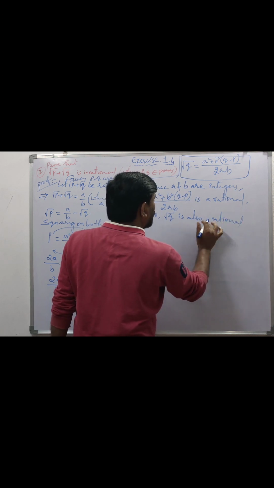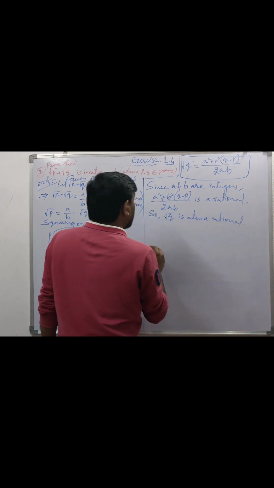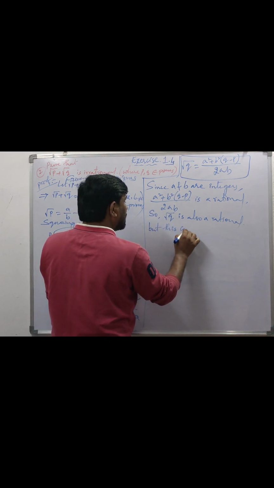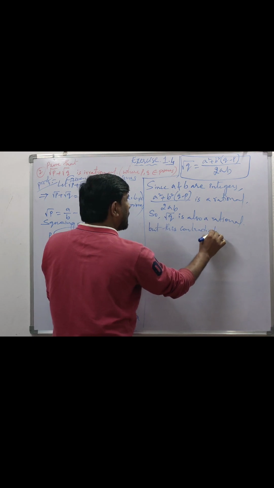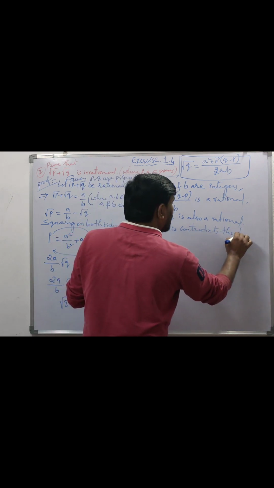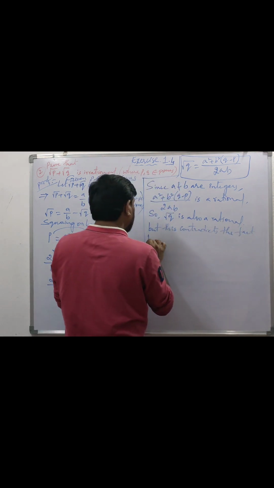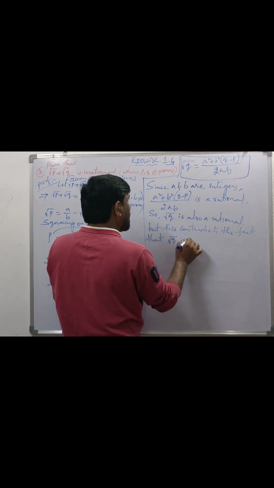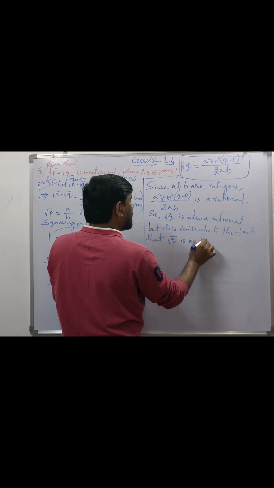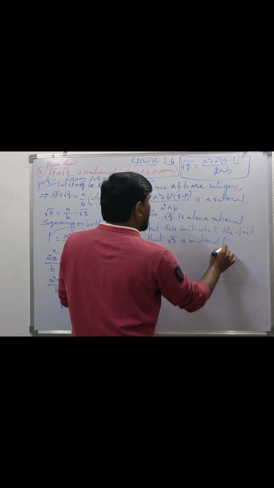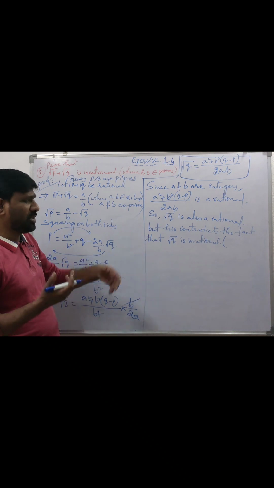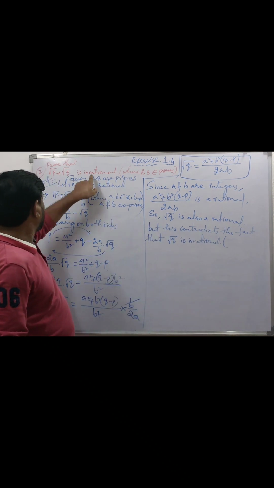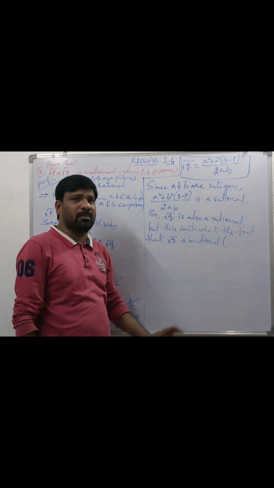But is it true? This contradicts the fact that root q is irrational. Here you may ask, sir, who said that root q is irrational? In the given problem itself they have given that p, q are prime numbers.